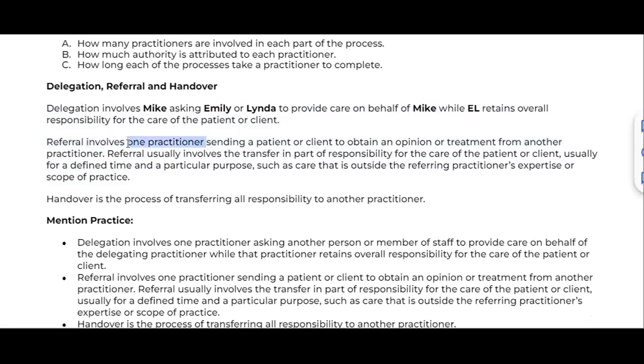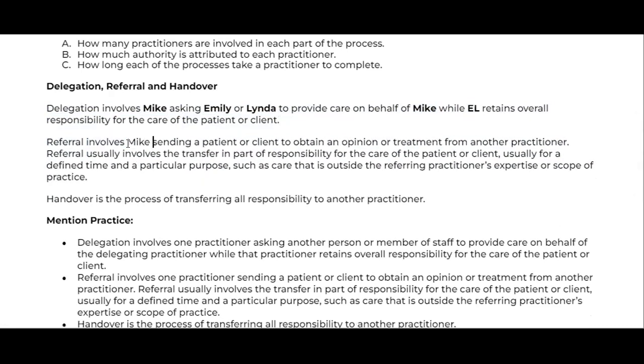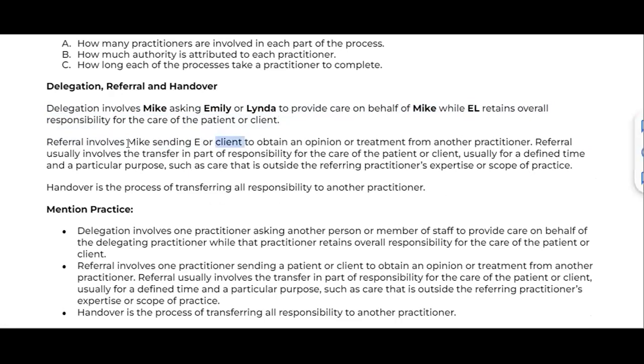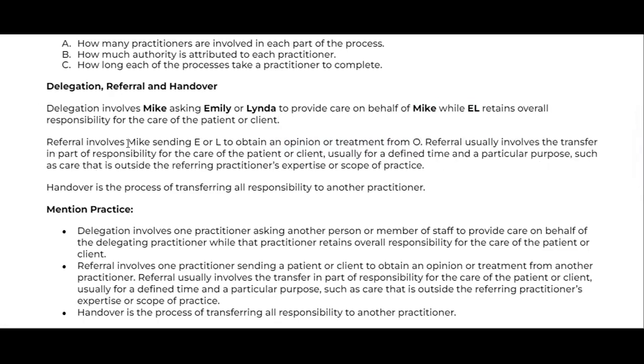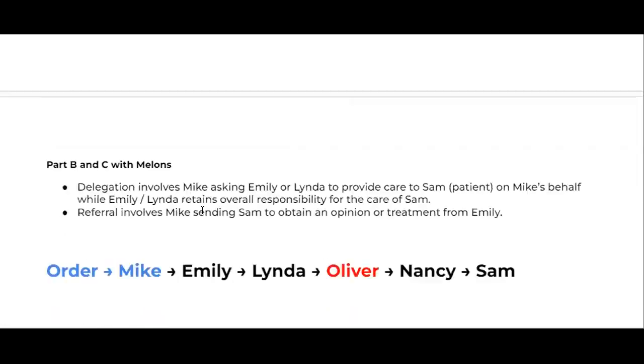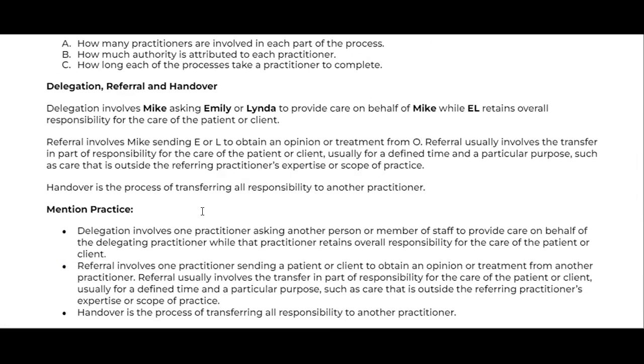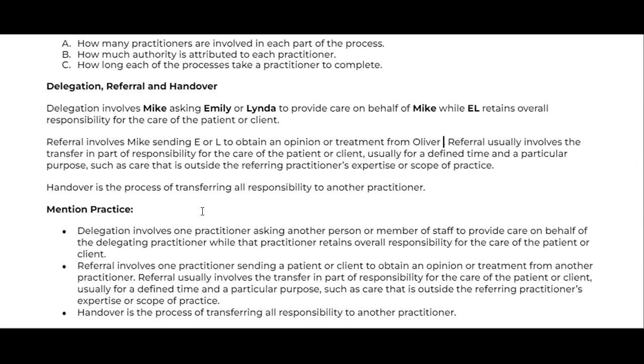Referral involves one practitioner, again Mike, sending a patient or client, again Emily or Linda, to obtain an opinion or treatment from another practitioner. That is the next one, Oliver.